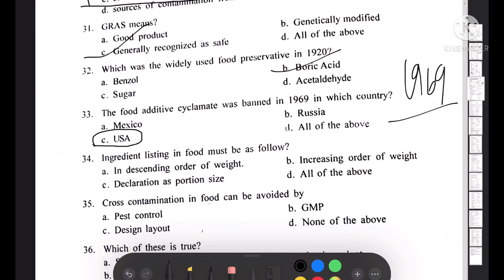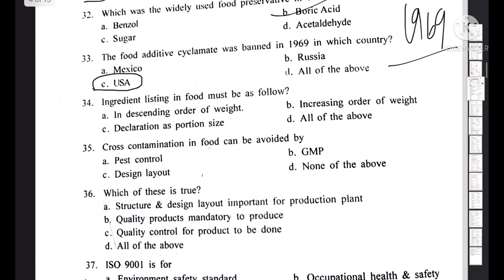It was carcinogenic in experimental laboratories on rats. The primary concern was that it could be toxic to some individuals who appear to metabolize cyclamate to cyclohexylamine. So it was banned in the US in 1969.